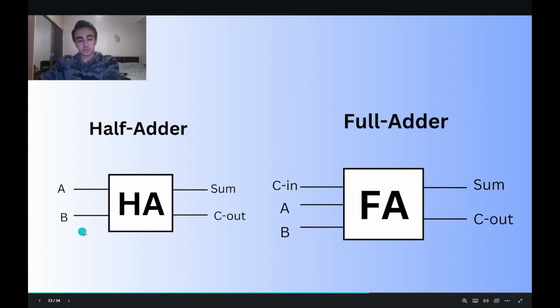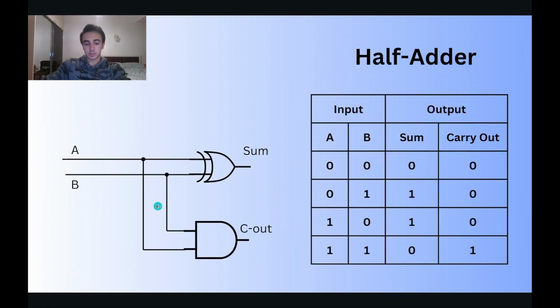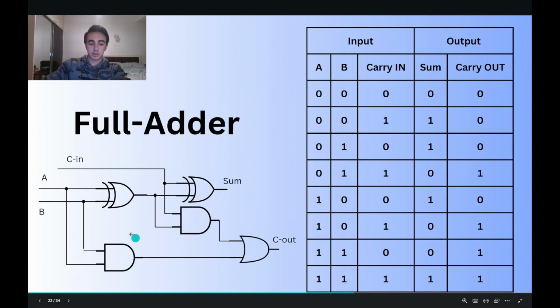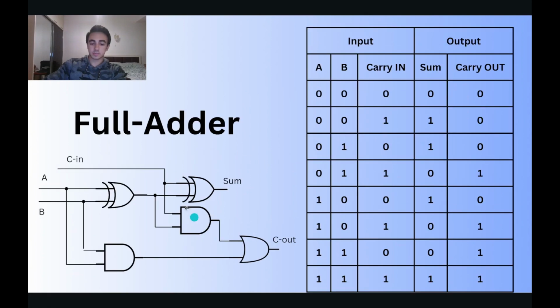So we will denote the half adder this way and the full adder this way. Half adder takes two inputs A and B and outputs two values, sum and carry. But the full adder also takes into account the carry in, so it has three inputs and two outputs. And you see that in the half adder we see the structure of XOR and AND.